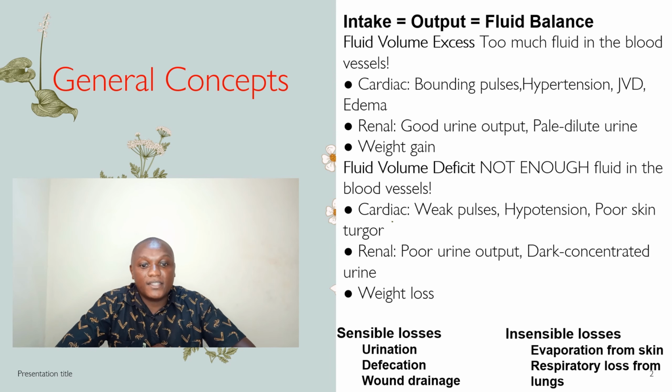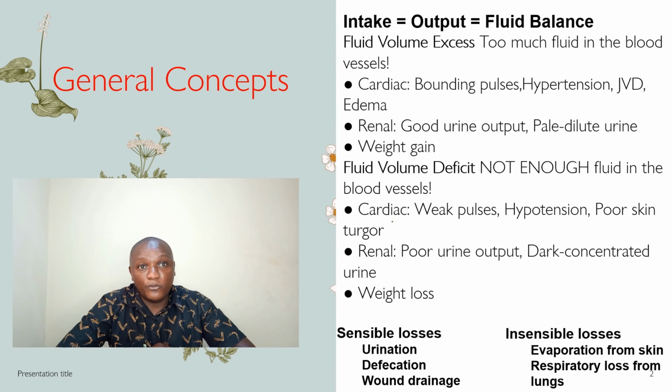When there's a fluid excess, you could be having problems like bounding pulses, hypertension, jugular vein distension, and even edema. Also, in the urinary system, there could be good urinary output, pale and dilute urine, and also weight gain when the fluid is too much in the body.